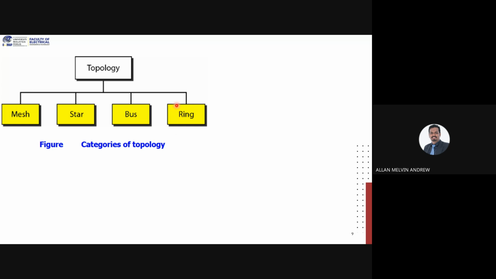All these four names are based on your criteria, how you want it to be. It can be a mesh, a star, a bus, a ring, and whatever. There are many others, because this field keeps on evolving, and people are coming out with the best solutions possible.